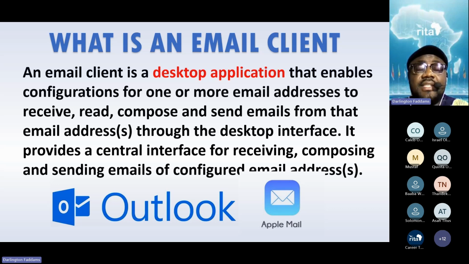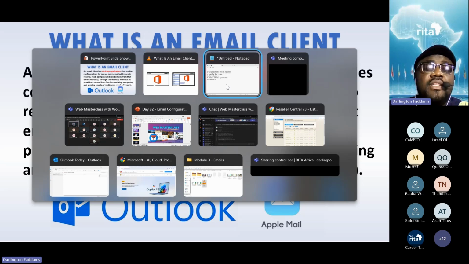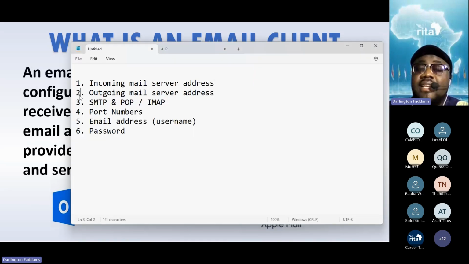To do the configuration, apart from the incoming mail server address, you also need what is called the outgoing mail server address. It's an address that needs to be given to you. You also need to get the SMTP port number and the POP or IMAP port number. So with the port numbers, you are able to complete your configuration.